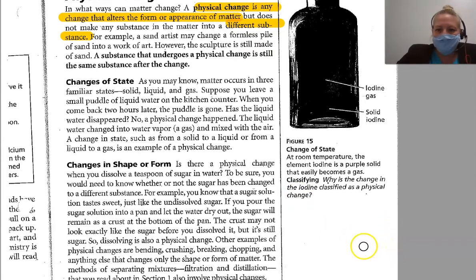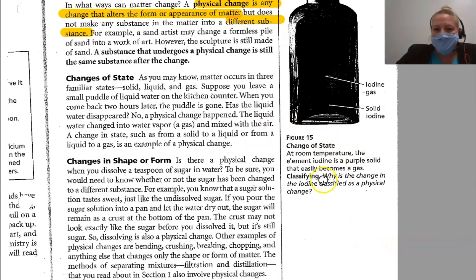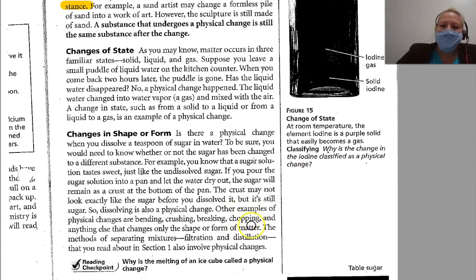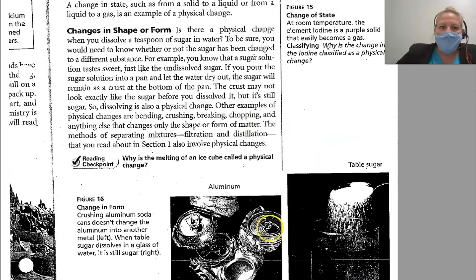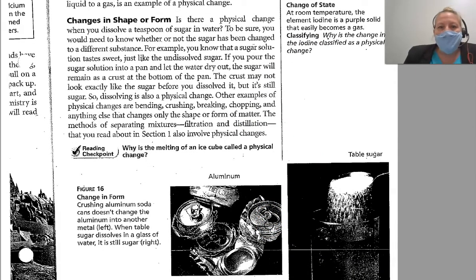Okay? So here's an example of change of state. At room temperature, the element iodine is a purple solid that easily becomes a gas. Okay? So that's a change of state. Changes in shape or form. Is there a physical change when you dissolve a teaspoon of sugar in water?